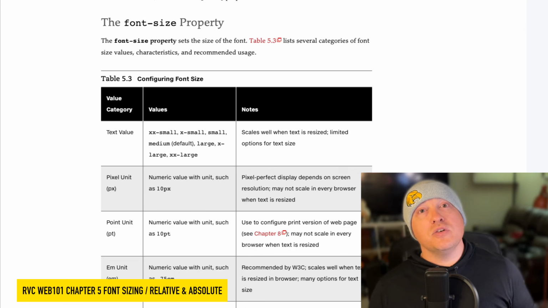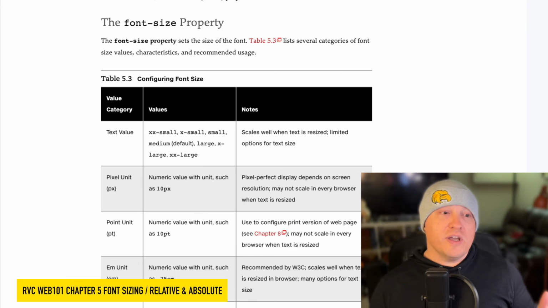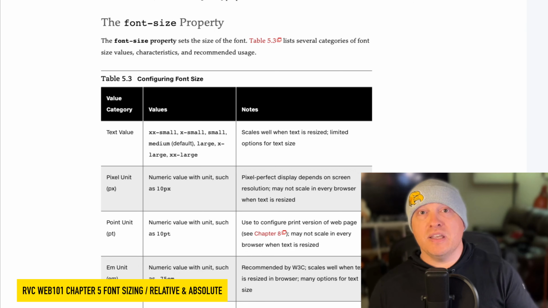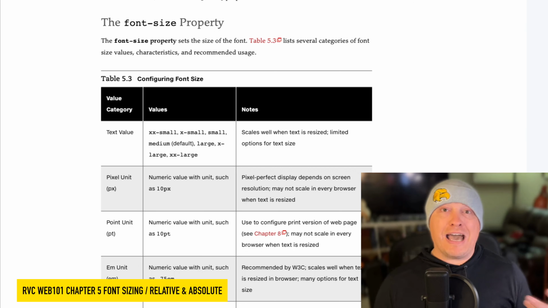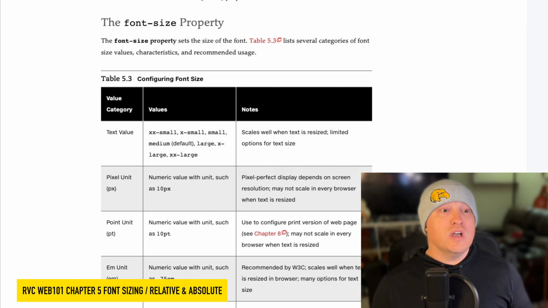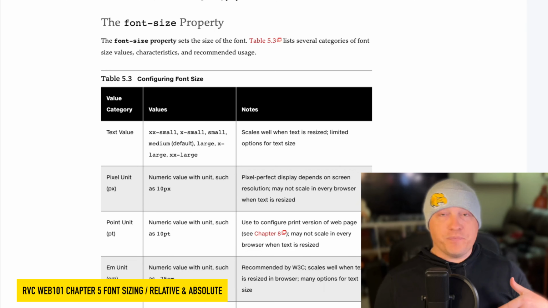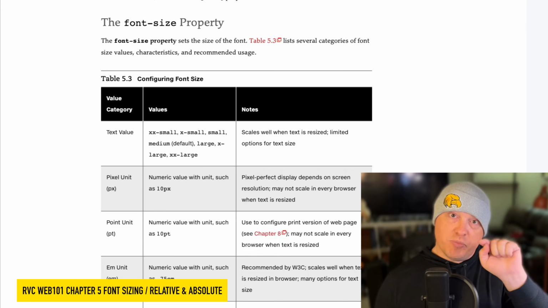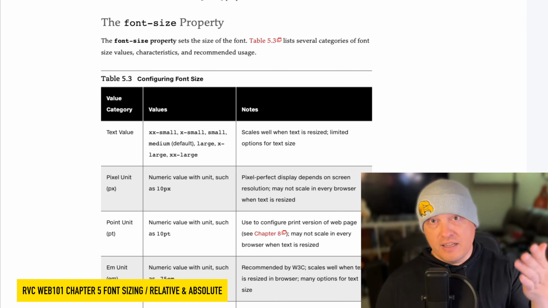So rather than use the points or the pixels, both of those, PT and PX, are our absolute sizing. Pixels, just by way of review, is a dot on your device. So if we give a font a pixel value, those are going to be the individual dots on your device.